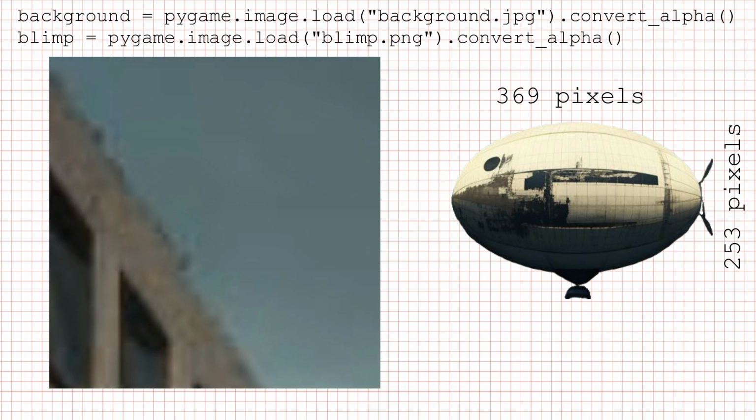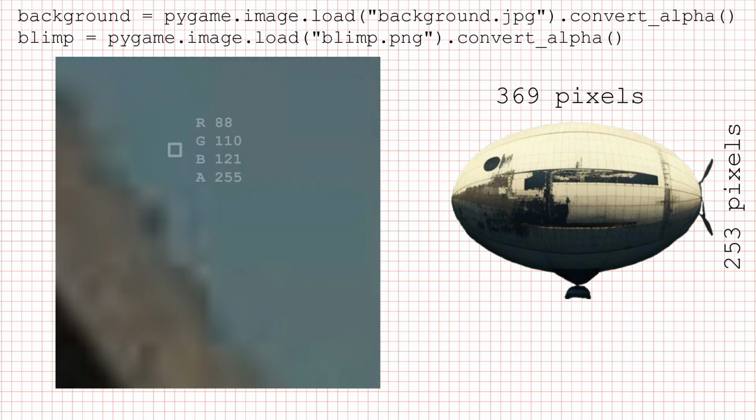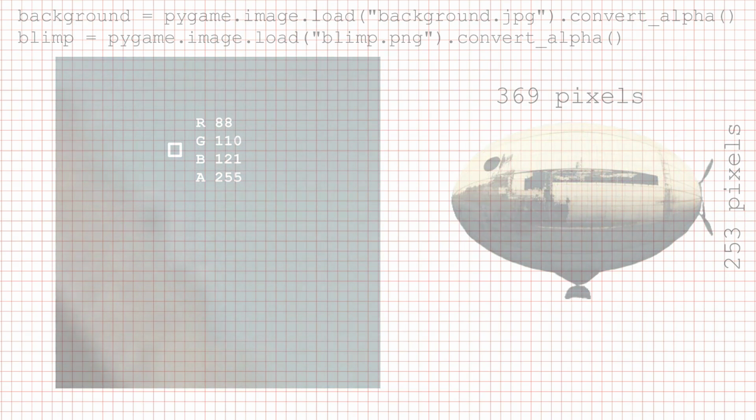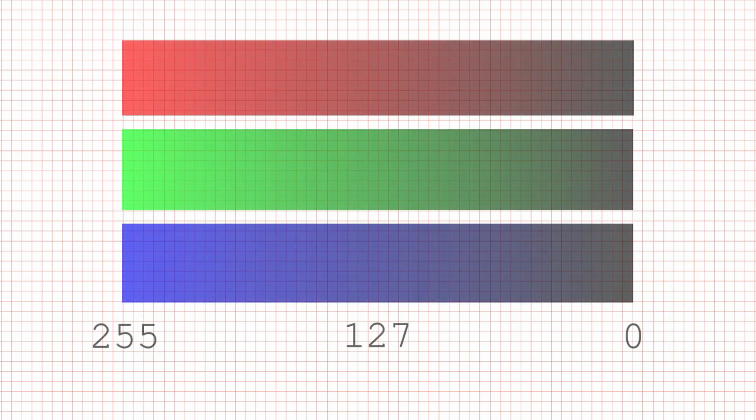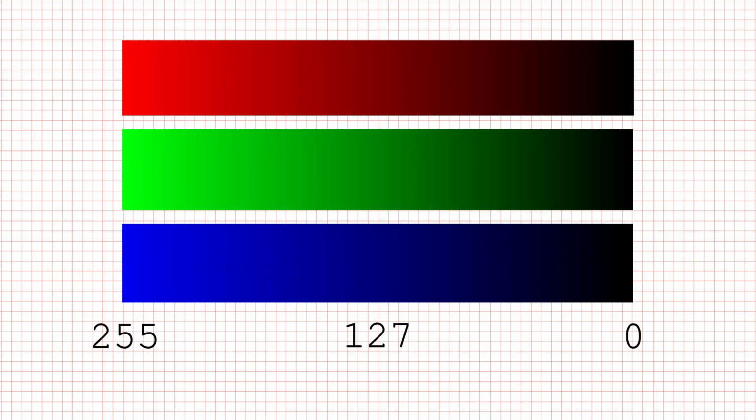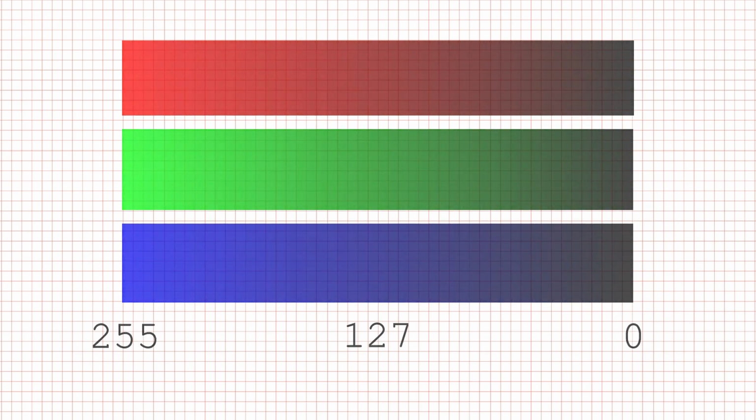Each pixel of the surface stores information for a color, either RGB, a red component, a green component, and a blue component, or RGBA, red, green, blue, and alpha, or transparency. Each of those values is an integer between 0 and 255. 0 is none of the color for the RGB channels, or full transparency if it's the alpha channel, and 255 is the full amount of the color, or full opacity if it's the alpha channel.